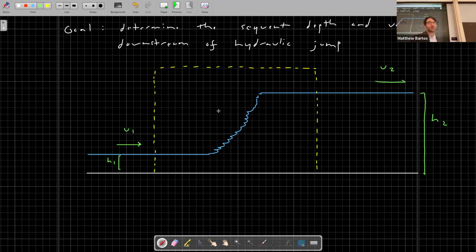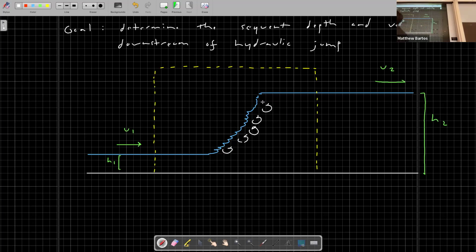Like I mentioned earlier, inside of this hydraulic jump, there are going to be turbulent eddies that are dissipating energy. The problem is that we don't really have any analytical way of estimating what the energy losses are going to be inside the jump.